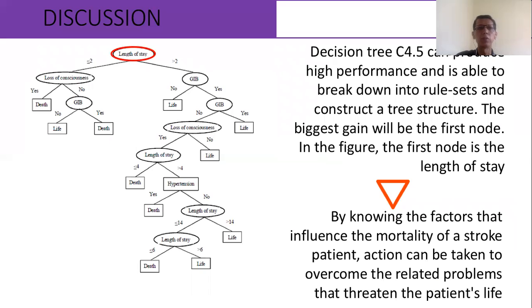Length of stay is known after the patient's end of service, but the physician needs it as early as possible. So loss of consciousness and gastrointestinal bleeding are the early determinants of stroke mortality. By knowing the factors that influence the mortality of stroke patients, action can be taken to overcome the related problems that threaten the patient's life.